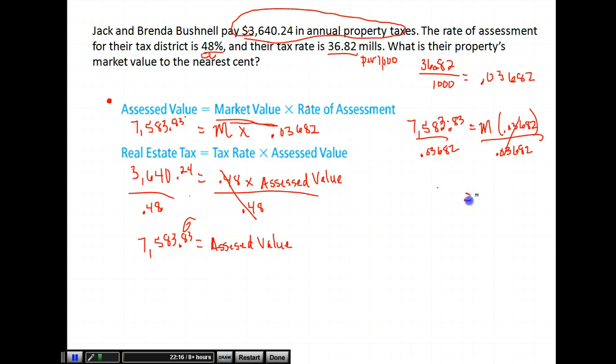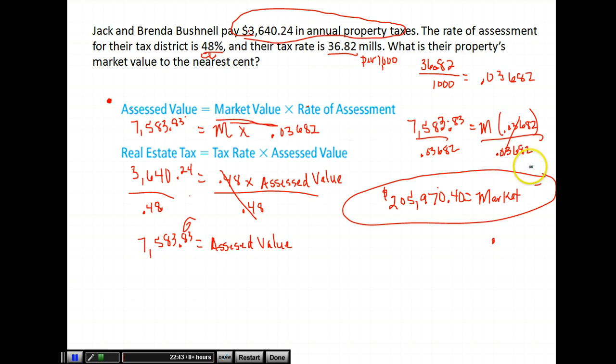And that will give me the market value of the home. And I get a market value of $205,970, and it wants the nearest cent. This comes out to 40 cents. Okay, so that is the market value of the home.